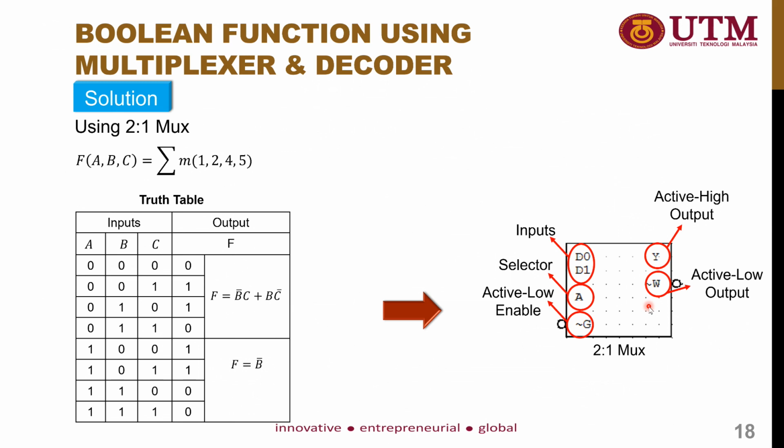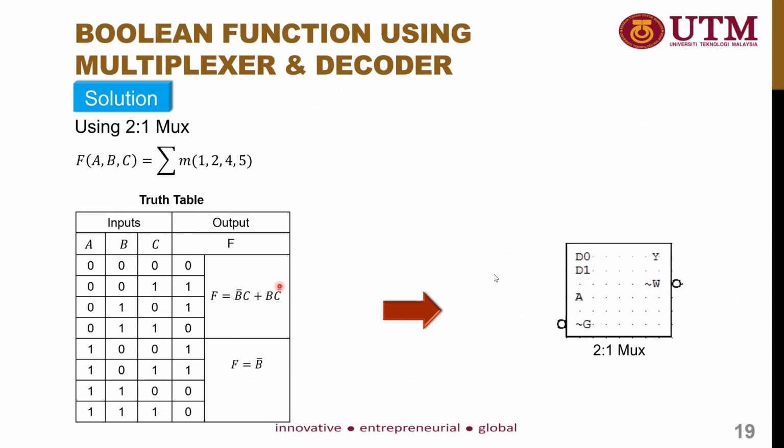So in order for us to connect the circuit of the 2 to 1 multiplexer, you can just observe the output equations. The first one, we have input A that will be directly connected to the selector.